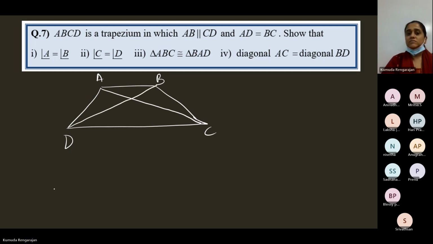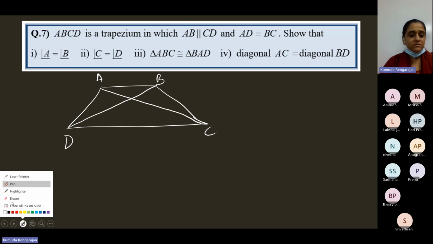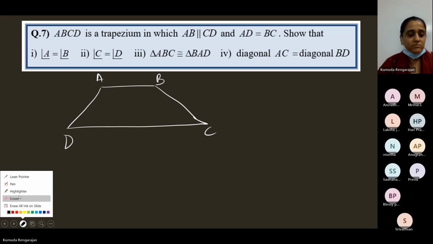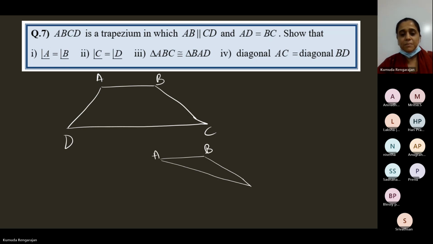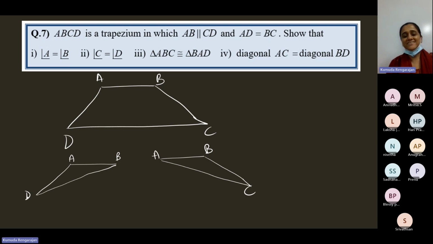So, one minute, make it ABC, BAD. We'll have to show that these two triangles are congruent.